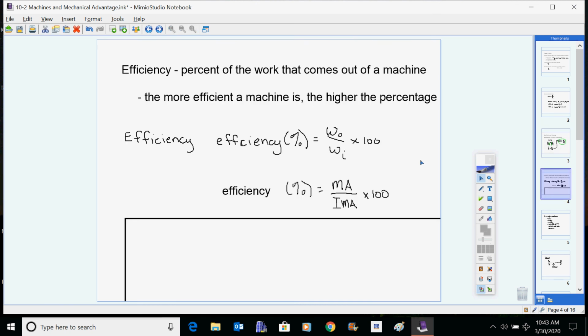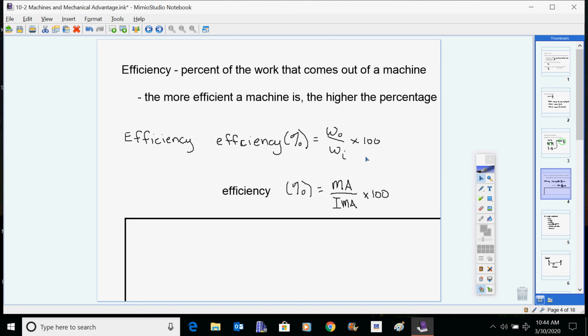All right. And then we have another concept called efficiency. In life, if something is more efficient, that means that you have less of your work wasted. And that's really how this works. If you have a perfect machine, it's 100% efficient. That would mean that the work out compared to the work in was 1. All the work in translated into work out.